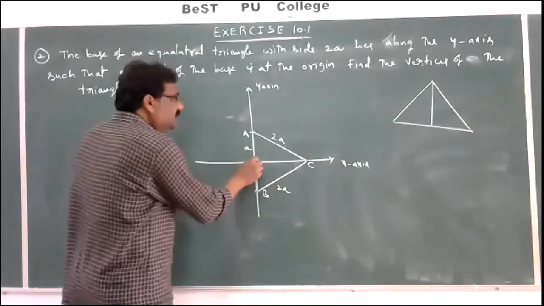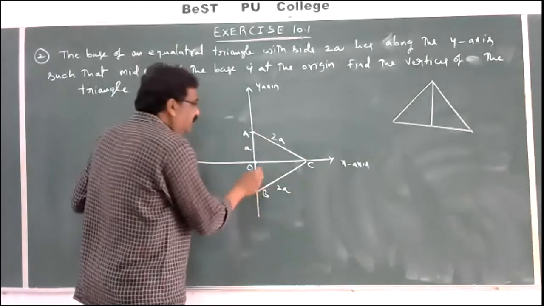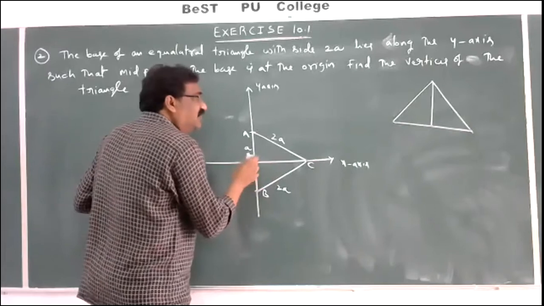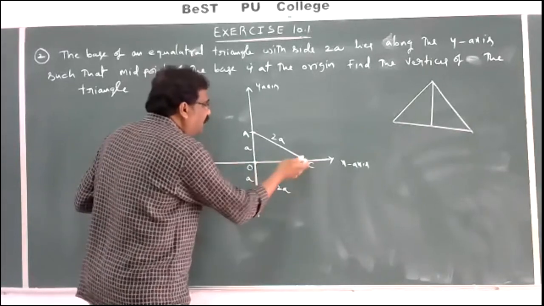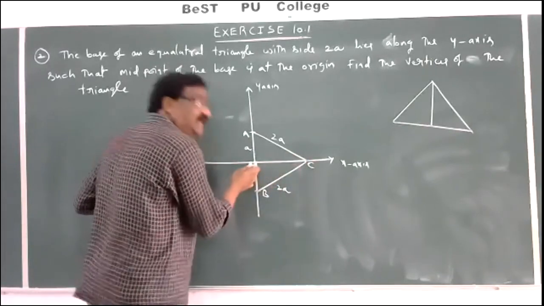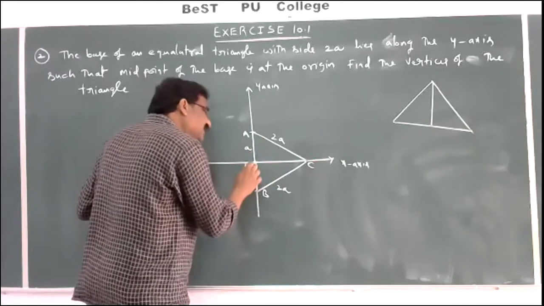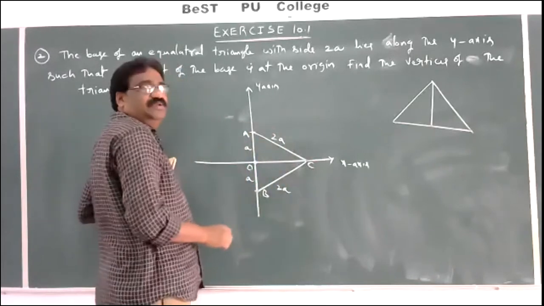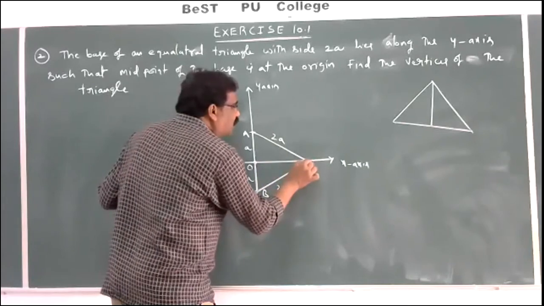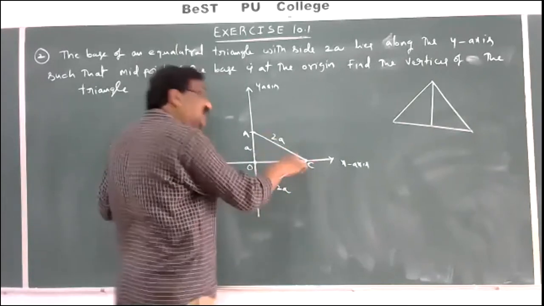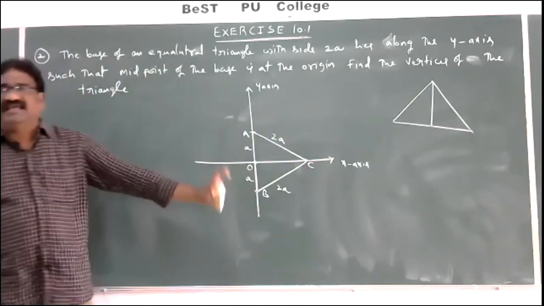That's why this is the midpoint of this side. A line passing through the midpoint of a side is called a median. In an equilateral triangle, median is nothing but altitude. The median always passes through the opposite vertex. So compulsorily vertex C lies on the x-axis.